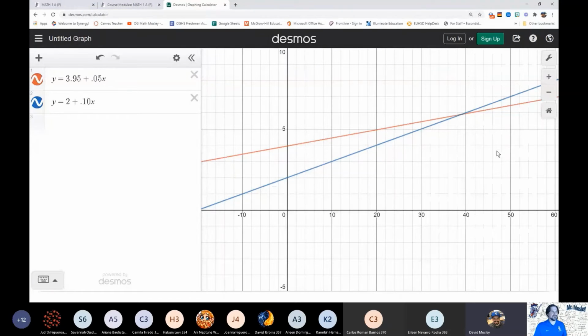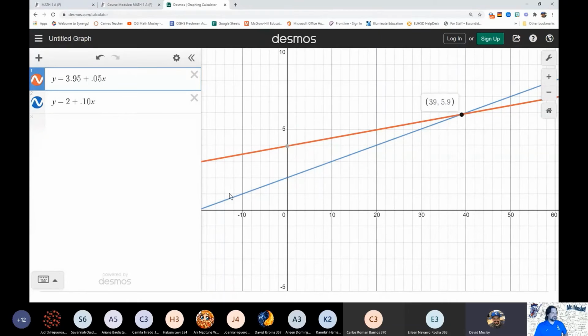That's better. Now this is also the nice thing about Desmos. If I click close to the intersection of the two lines, look what it gives me. 39 minutes and $5.90. Isn't that stupendous?